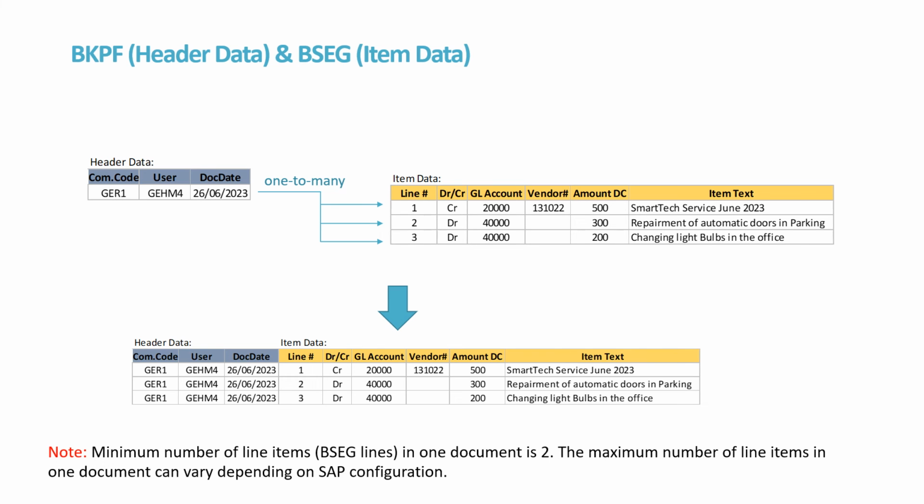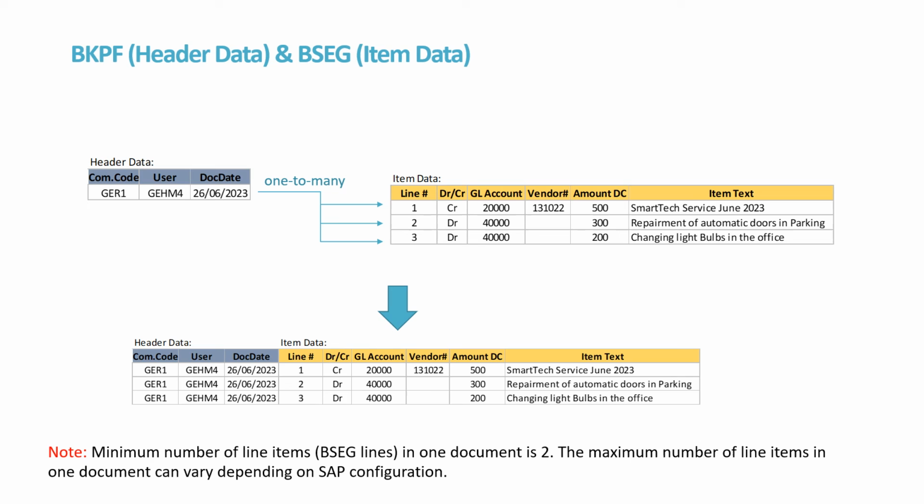Now we know how header data, here BKPF, and item data, here BSEG, are connected. Now let's talk about how to join them. Taking into account the relationship between BSEG and BKPF lines, you can reshape the data accordingly, transforming it into a one-to-many relationship where one BKPF line corresponds to multiple BSEG lines.